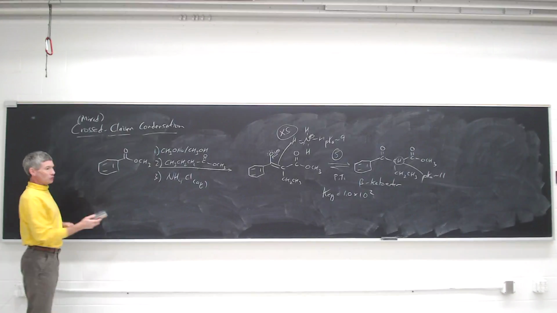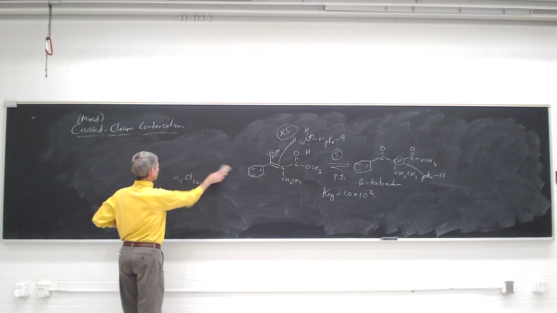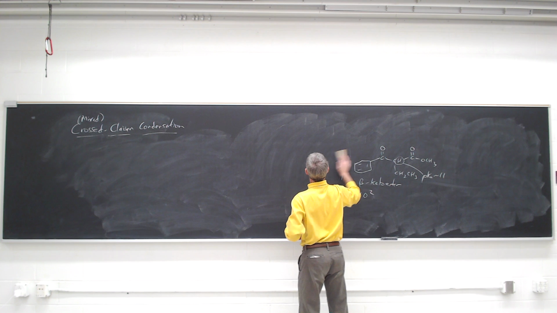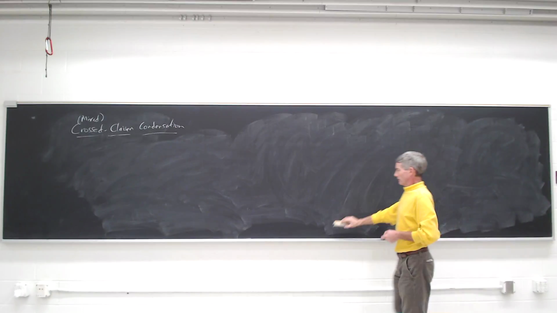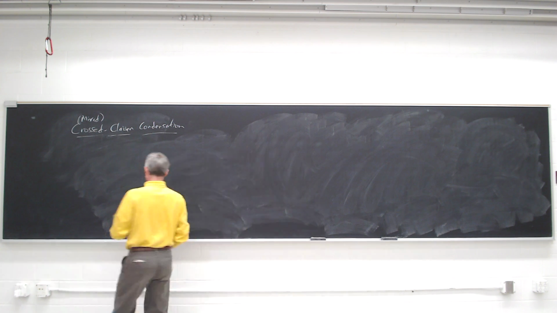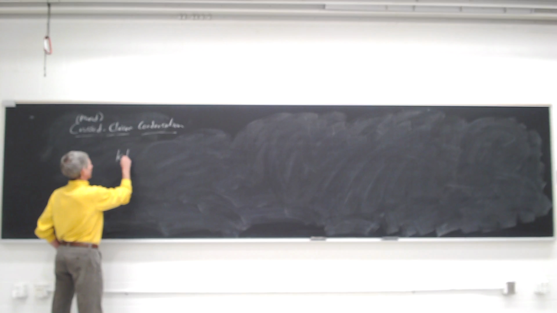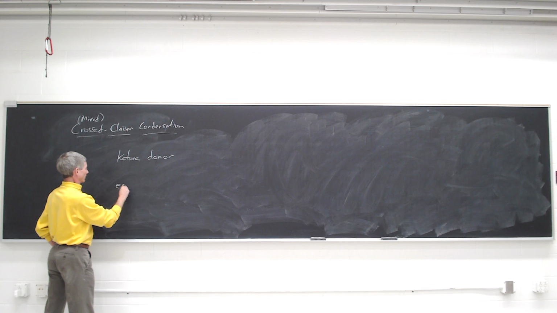What else can we do in a crossed-Claisen condensation? Well, another very common way to effect a crossed-Claisen condensation is to use a ketone as the donor and an ester as the acceptor.